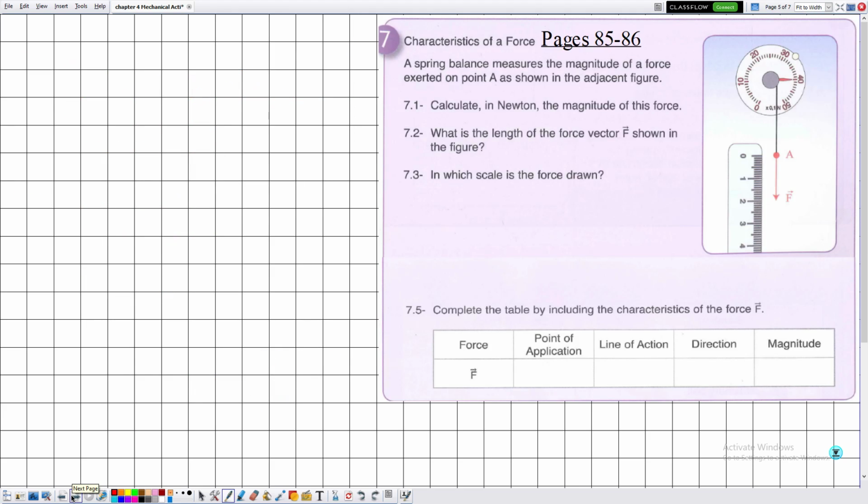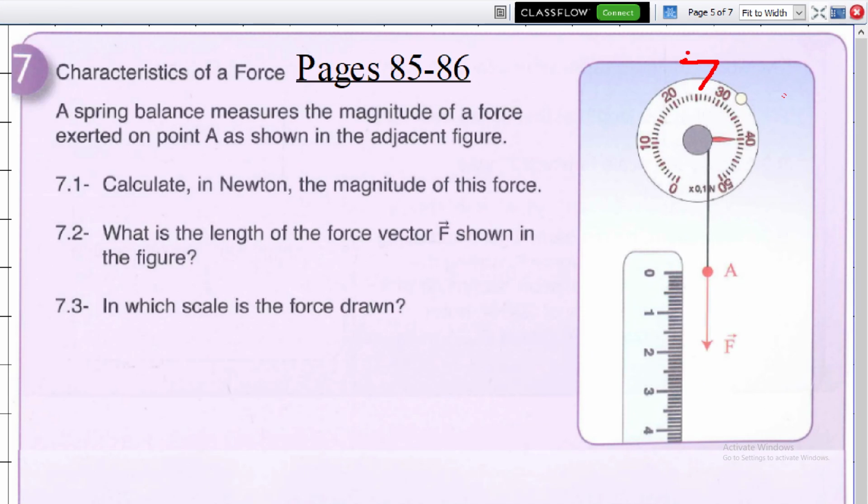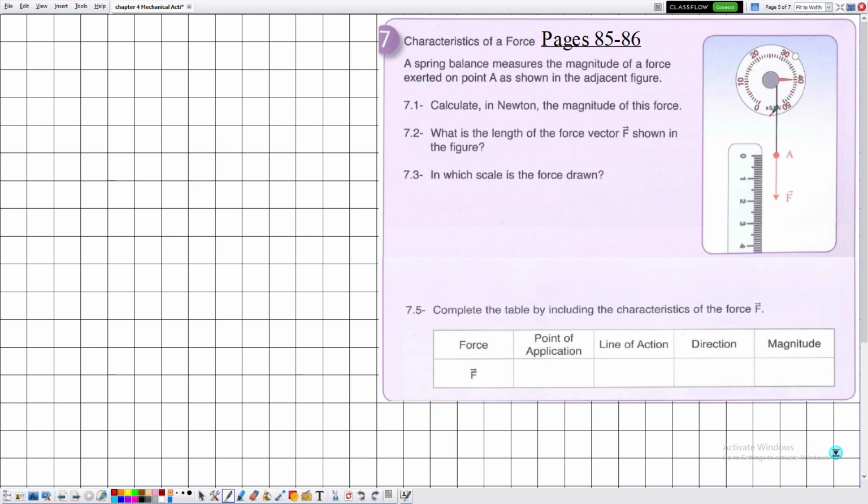Now as for number 7, pages 85, 86, they are telling me characteristics of a force. Now recall that this instrument here is a spring balance that measures the magnitude of a force.